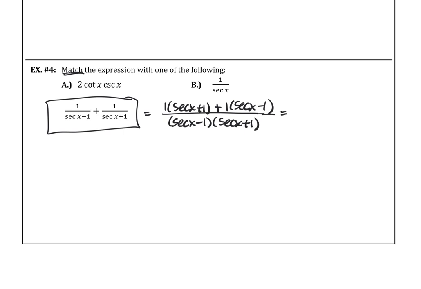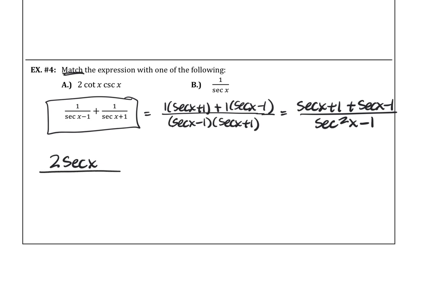All right, so this would give me secant x plus 1 plus secant x minus 1 over, and if I multiply that out on the bottom, I get secant squared x minus 1. So on the top, that gives me 2 secant x over secant squared minus 1.